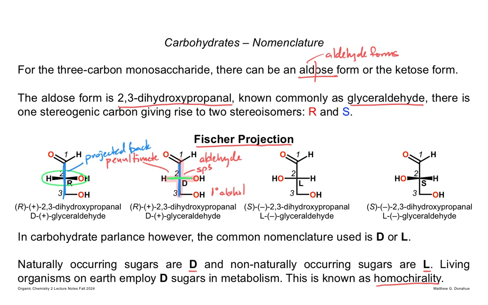It's interesting to think about, living organisms in general are chiral, and then there's this field called abiotic, of like how did things come into being? Why is there only one preference for these stereoisomers?